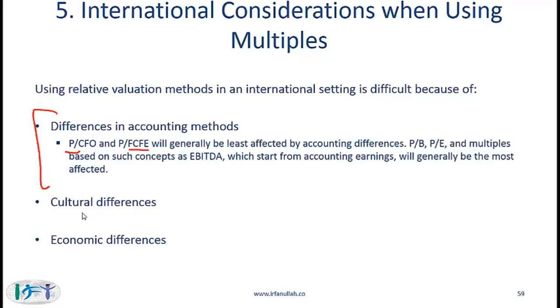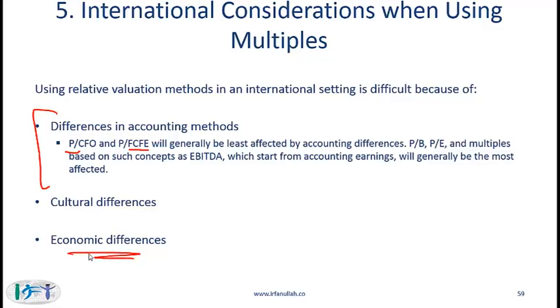Another point has to do with cultural differences. If a country by and large tends to be more risk averse, that is going to impact stock valuations, which will then also impact the multiples. Economic differences can have a huge impact.